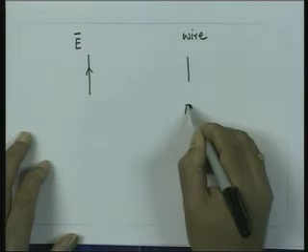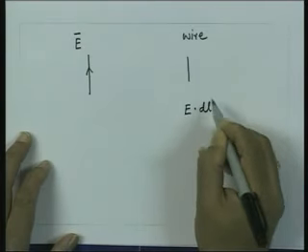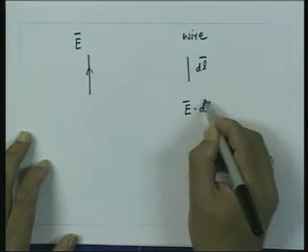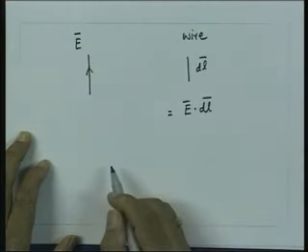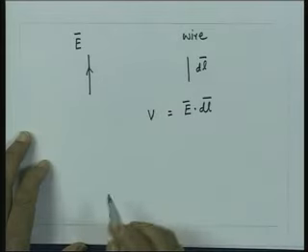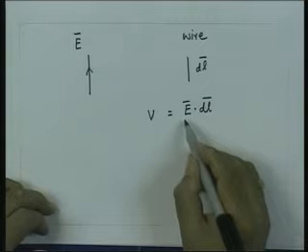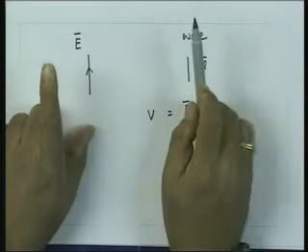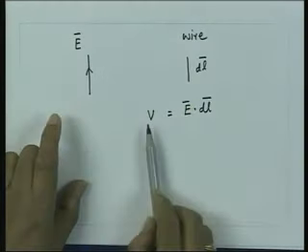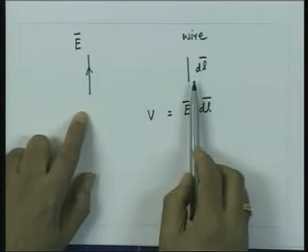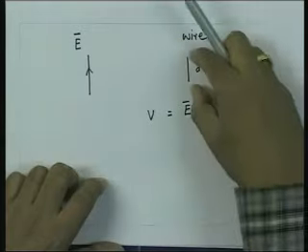Here this length is dl, and this vector is E. So, this quantity will give me the voltage induced in this wire. And if E and dl are parallel, both are vertical, then I will have simply the magnitude of E multiplied by the length of this line, and that will be the voltage induced in this wire.